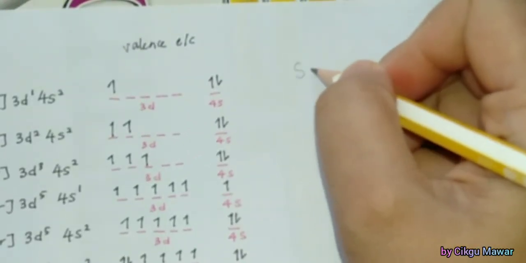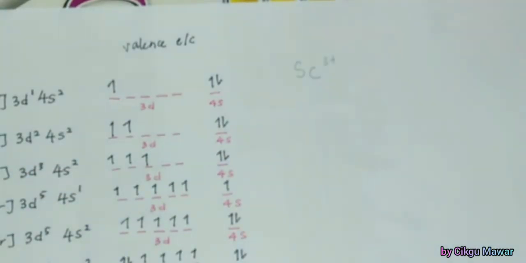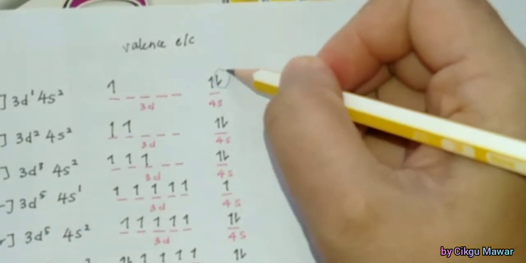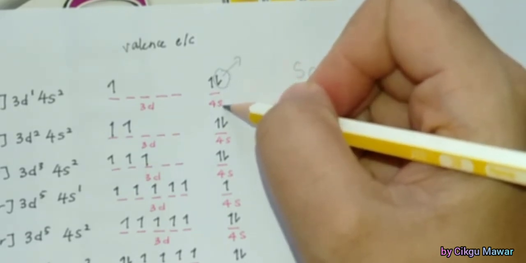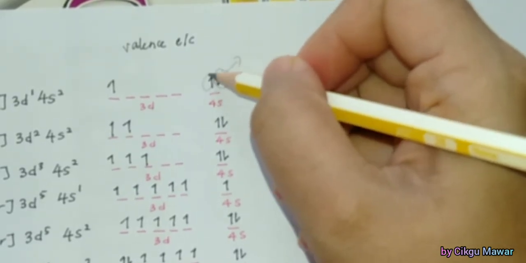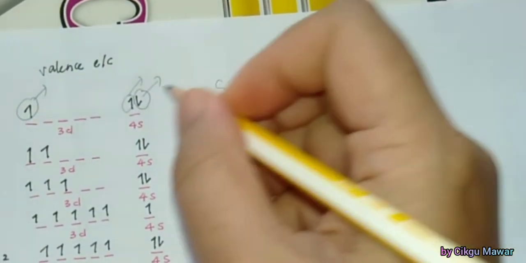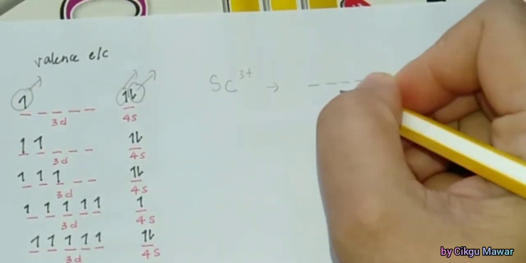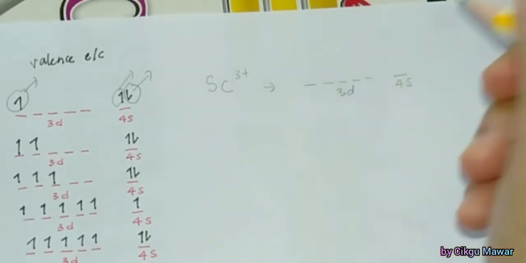When scandium forms the scandium 3+ ion, it will remove 3 outer electrons. First it removes the outer one, the electron in the 4s orbital, so 1, 2, and 3 are removed. Finally, the scandium 3+ ion is left as 3d0 and 4s0.